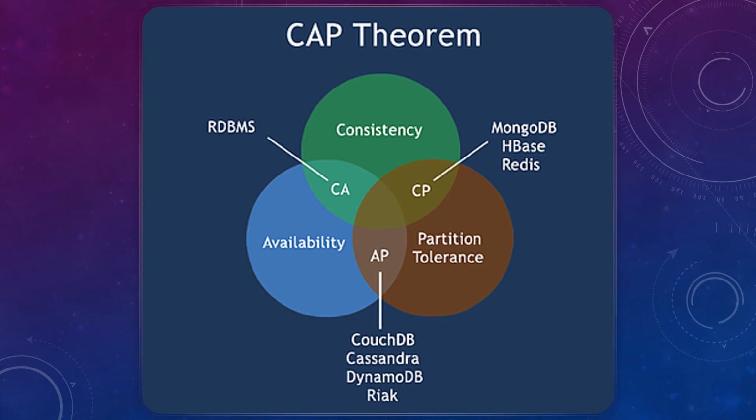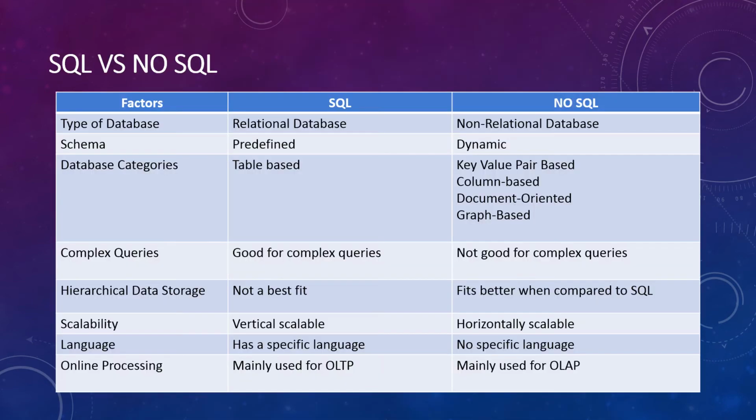Since in the case of a distributed system, network partition is a must, the trade-off is always between consistency and availability. So students, you can understand that NoSQL cannot provide consistency and high availability together. So here we can say that NoSQL is based on the CAP theorem. Now we'll discuss the difference between SQL and NoSQL.